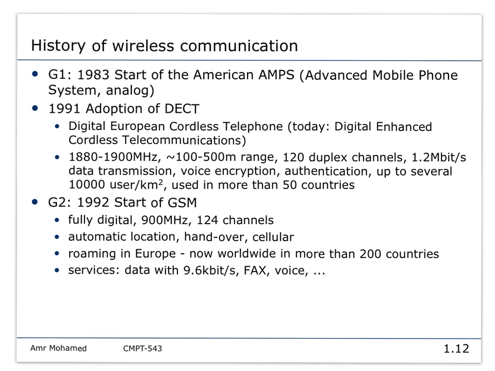Okay, so in 91, they started the standardization of Digital Enhanced Cordless Telecommunication. It started with Digital Enhanced Cordless Telephony, and later on they changed telephony to telecommunication. Why? Because telephony is related to only voice communication, but telecommunication is broad.